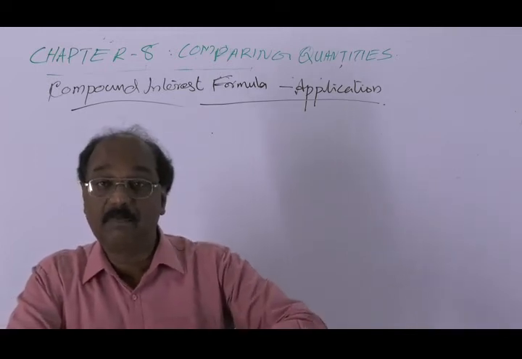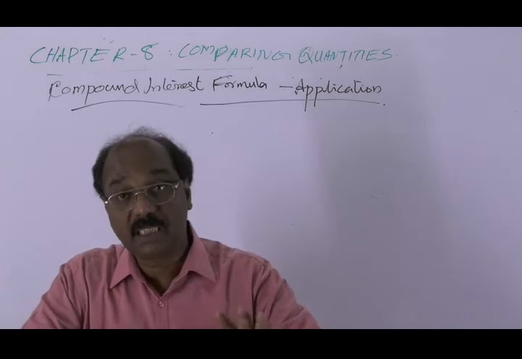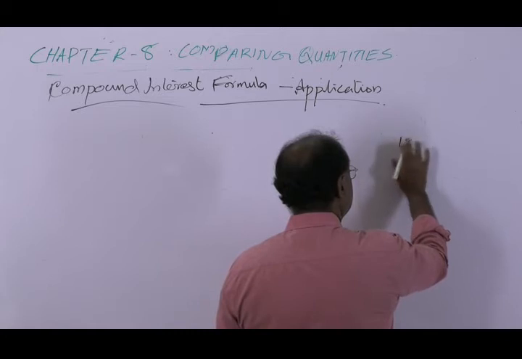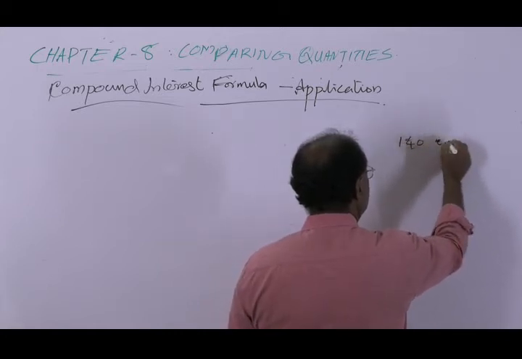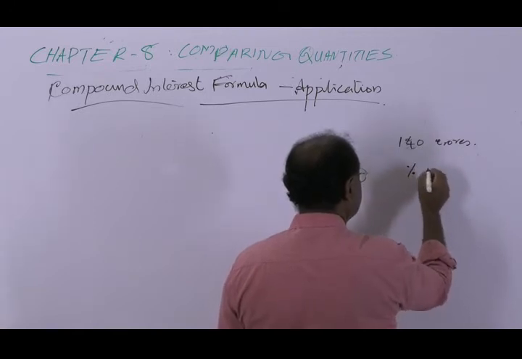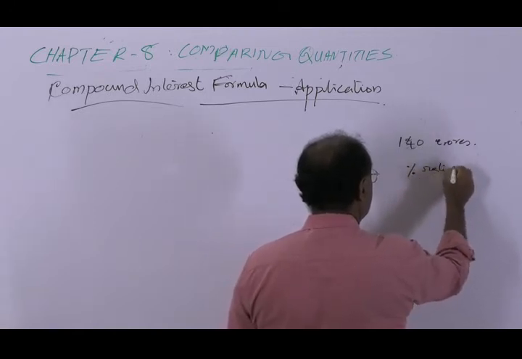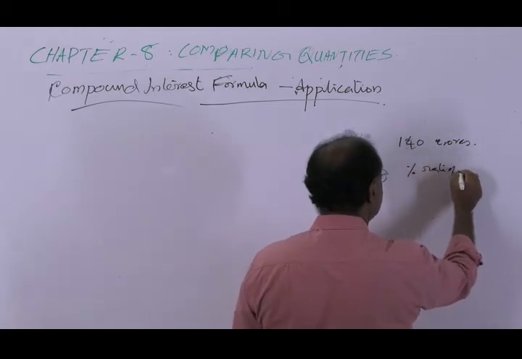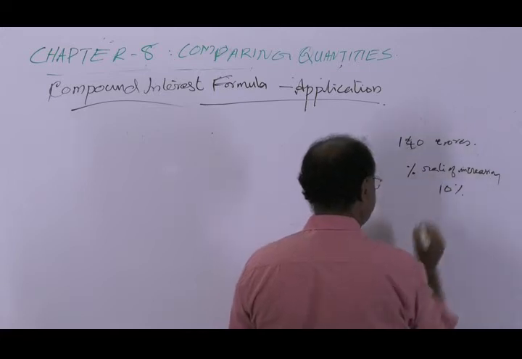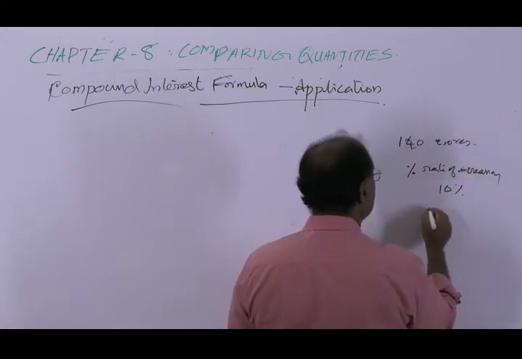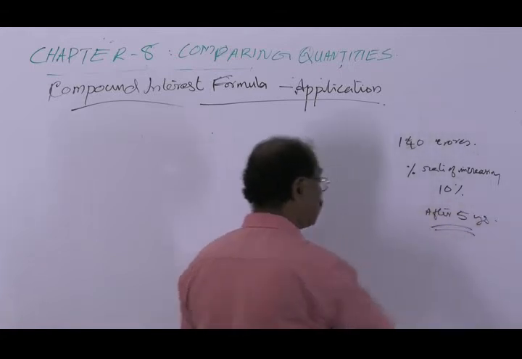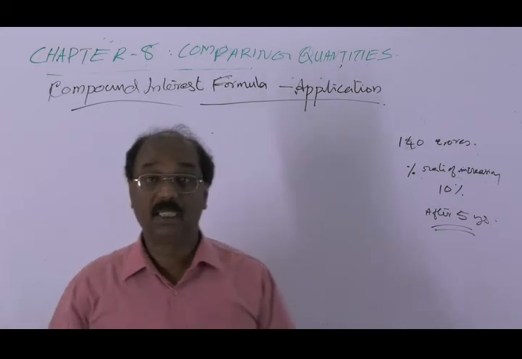So this is a similar situation to calculating the interest. The population is 140 crores. The percentage rate of increase is 10%. So after 5 years, we want the total population or the increase in population.